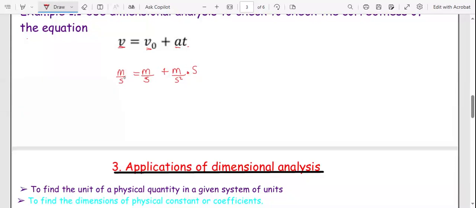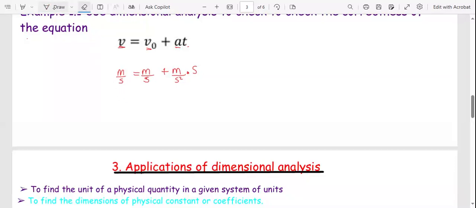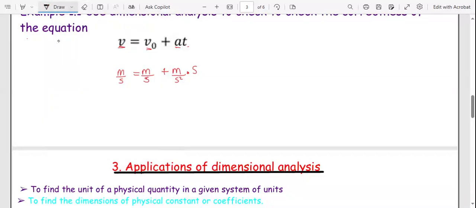The dimension for meters is length, L. The dimension for seconds, time, is capital T. The dimension for meters again is L, and the dimension for seconds is T.